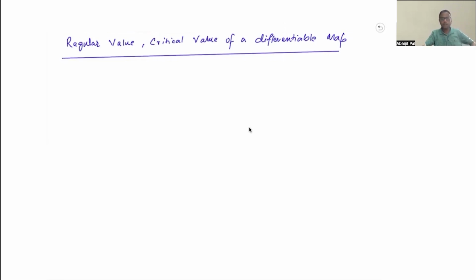Okay. So let us take a differentiable map. Let F be a differentiable map from U to Rm, where U is an open set in Rn.